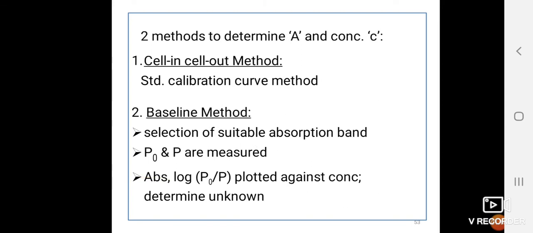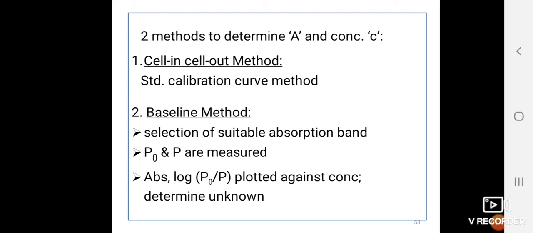There are two methods by which we can determine the absorbance and concentration. One is the cell-in cell-out method, in which a standard calibration curve is constructed. On the other hand, there is the baseline method. In the baseline method, we select a suitable absorption band, because we know the absorption band of hexanol, where OH absorption can be taken as a key band.